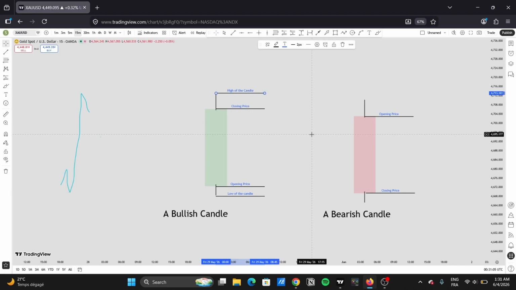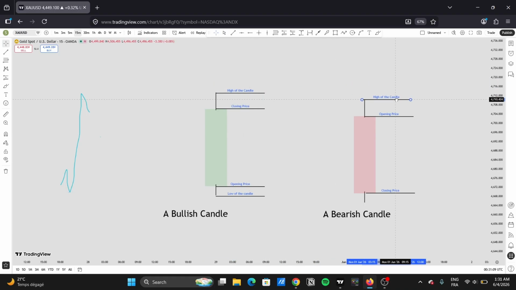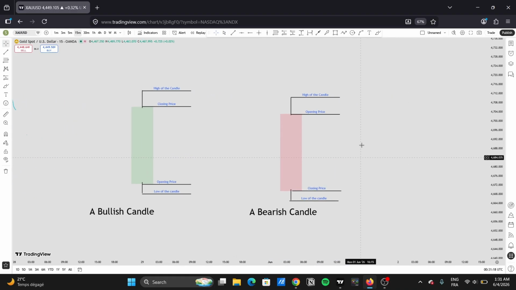Now let's compare this to the bearish candle case. We have here the high of the candle, and here our low of the candle. In this scenario, price opened here, because we have a bearish candle, which logically means that we opened at a price and closed the candle at a lower price.